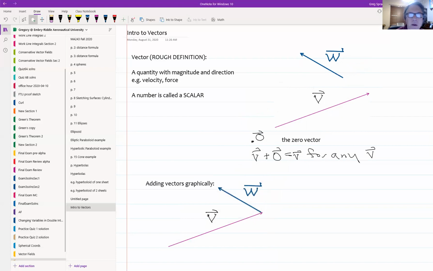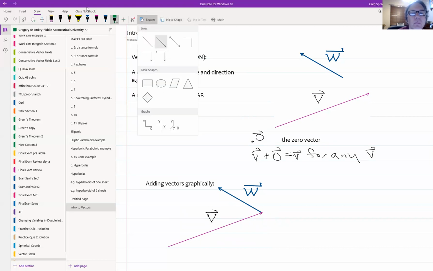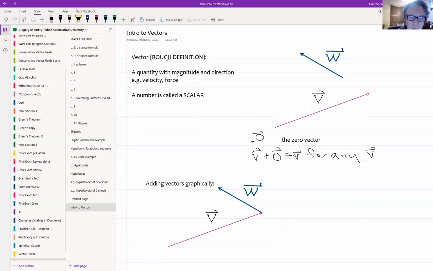Okay, and then the sum goes from the initial point of the first vector to the terminal point of the second vector. I don't care about that vocabulary, initial point and terminal point, but you might see it. All right. So that green vector is V plus W.